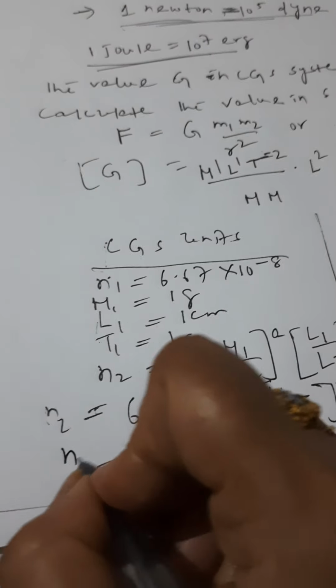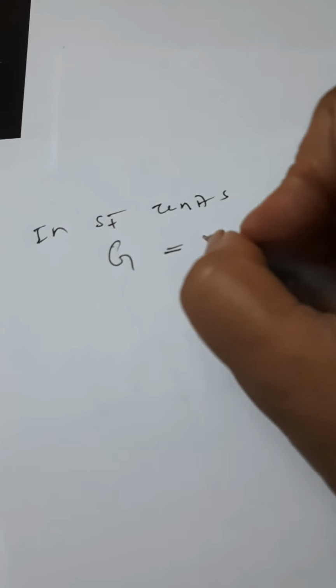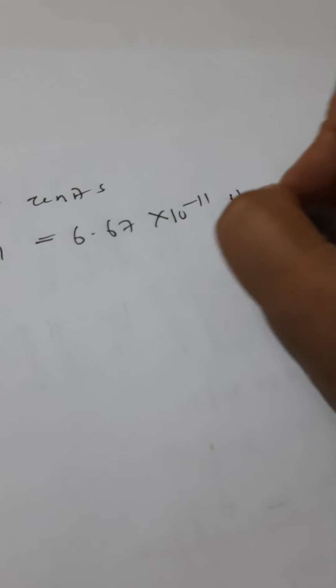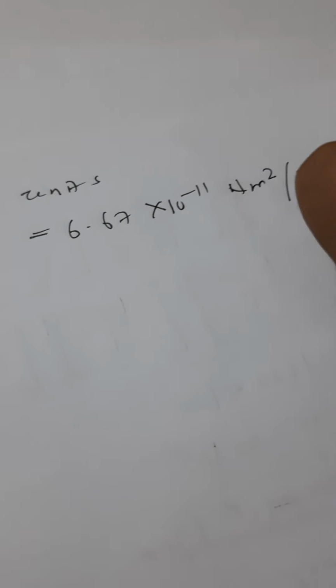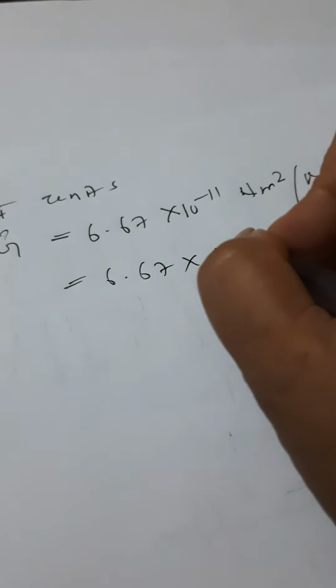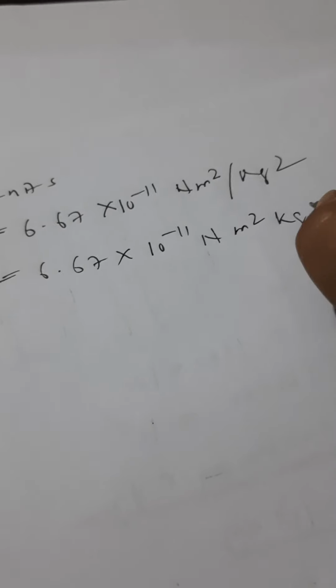This is N2. This means in SI units, G is equal to 6.67 into 10 to the power minus 11 Newton meter square by kg square, or this can be written as 6.67 into 10 to the power minus 11 Newton meter square kg to the power minus 2.